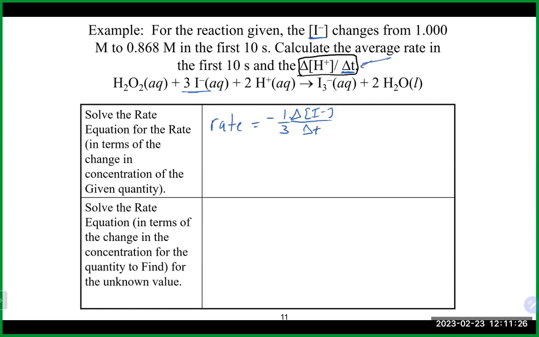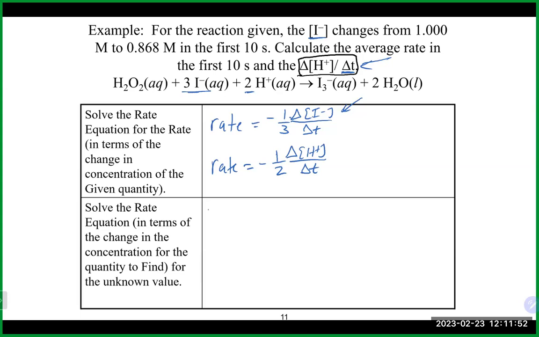We're ultimately looking for H plus, which we could write the rate expression for, which is the rate is equal to, also a reactant, -1/2 because of the coefficient. Change in concentration of H plus over the change in time. We actually do have our information here.